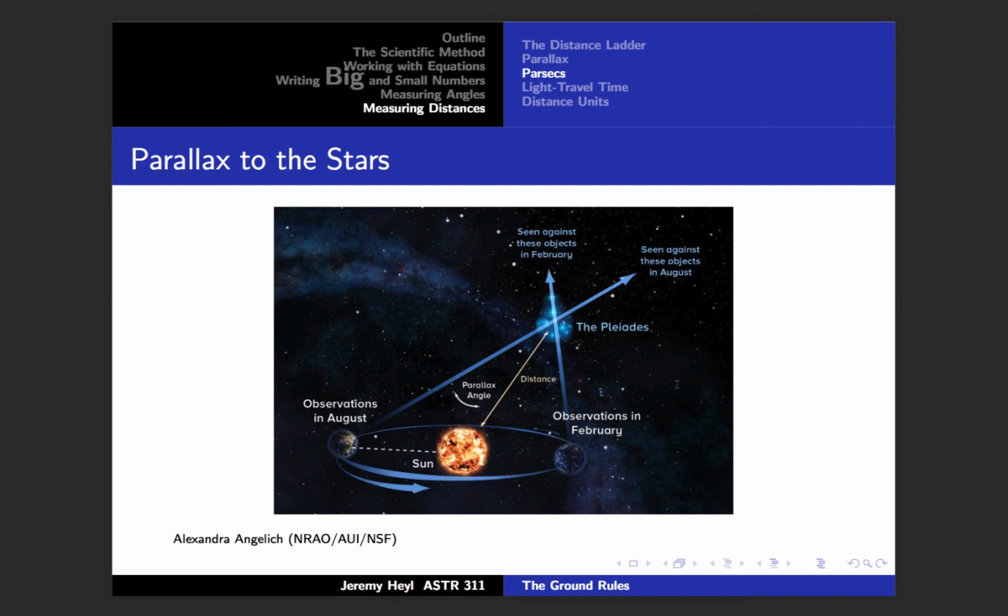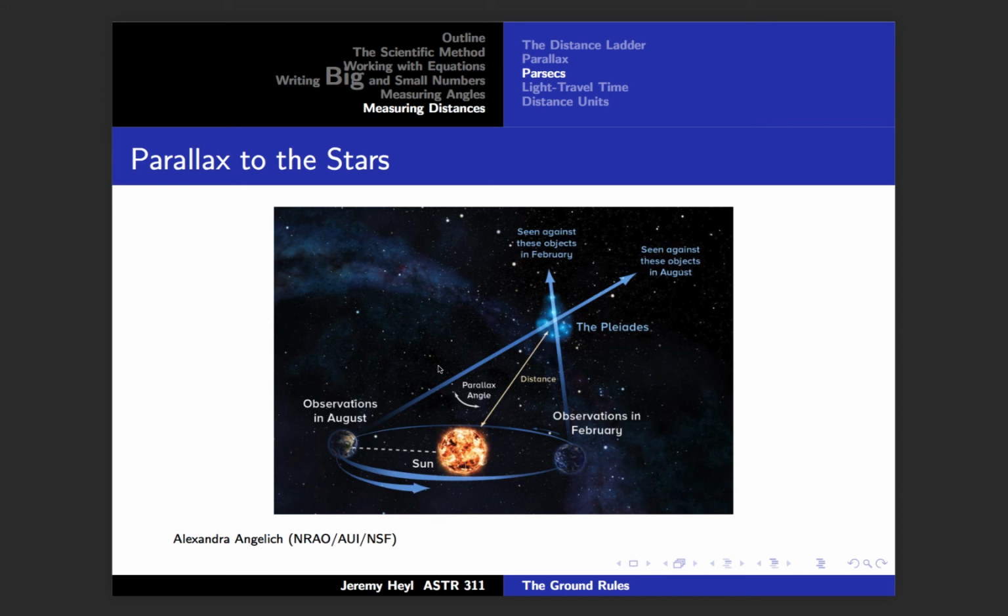Now, as we define things, it turns out the parallax angle isn't the full amount that it shifts, it is half. The parallax angle is 1/2 of this full shift. So let's think about it. What's the baseline in this case?